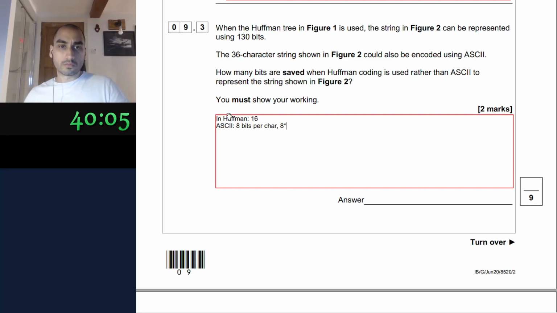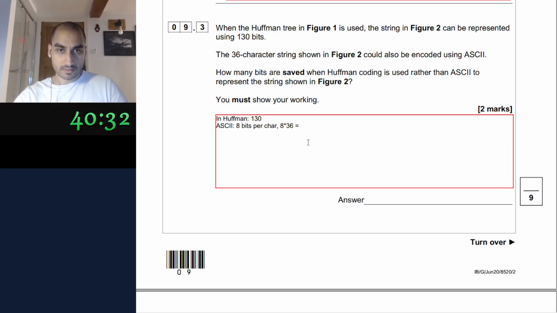Oh no! What am I? Hang on. String in figure 2 can be represented using. No, it's not the word most. Okay, they already told us it's stored using 130. Okay, fine. It's the longer string. Okay, ASCII 8 bits per character. So it's 8 times 36, including the spaces and everything.